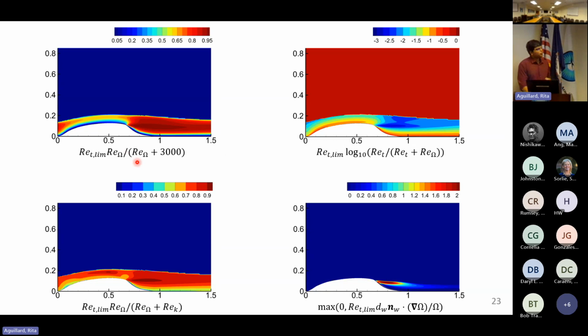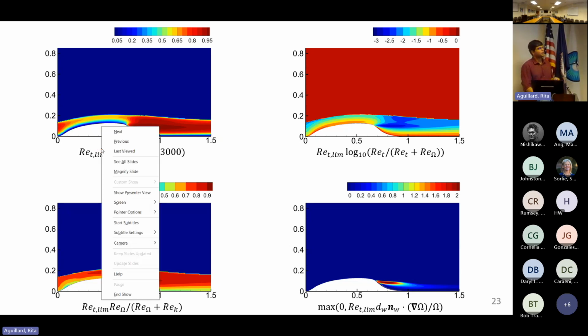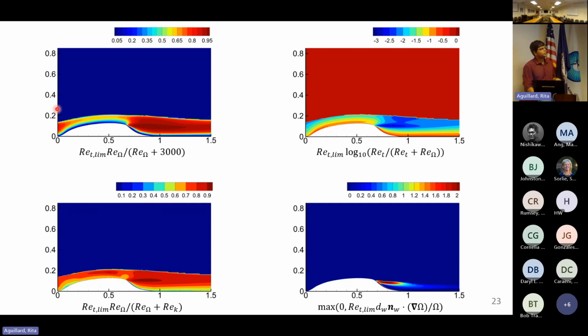The second thing that I wanted to show was how different choices can affect what happens. For example, in the first figure, the top left, the RET lim here is the limiter that I showed you before. Basically, the model activates when RET is greater than 10 and does not activate when it is less than 10, which is why you see such a sharp boundary right here, the top sharp boundary.